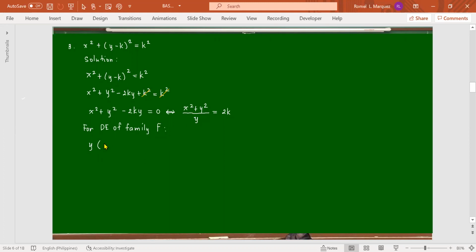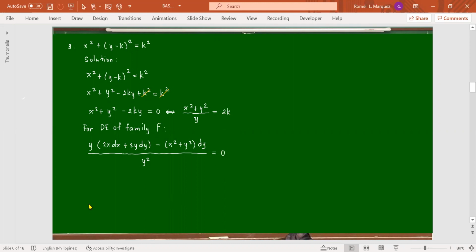The numerator, we have 2x dx plus 2y dy, minus the numerator, that is x squared plus y squared, times the differential of the denominator, so that is dy, all over the square of the denominator. The right side, since k is constant, times 2, the differential of this is 0.